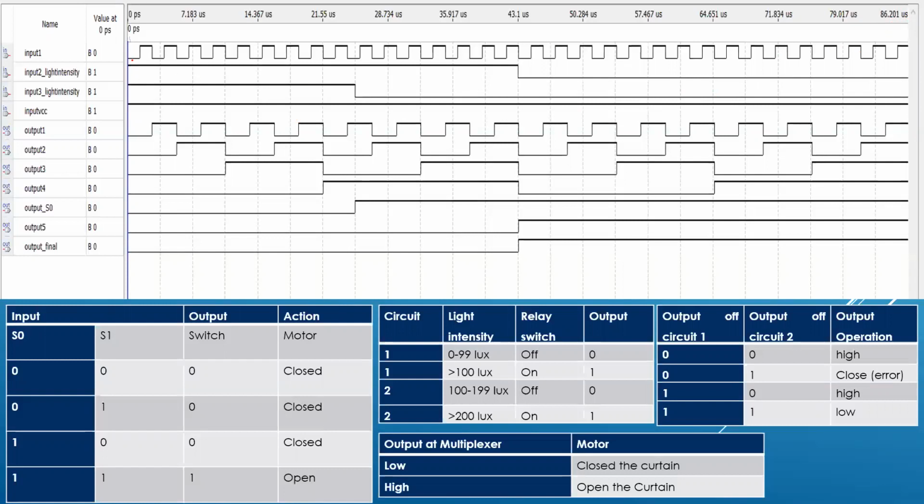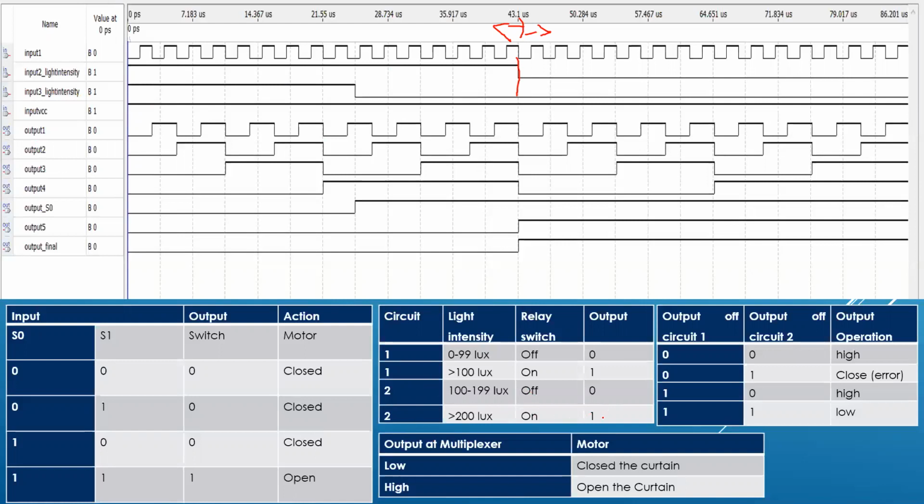So from 0 to 43 here is the morning time. After 43 here is the night time. And this is the daytime. The light intensity here will show that this is the morning time. For input 3, if you refer to this table, the input 3 light intensity is from circuit 2.